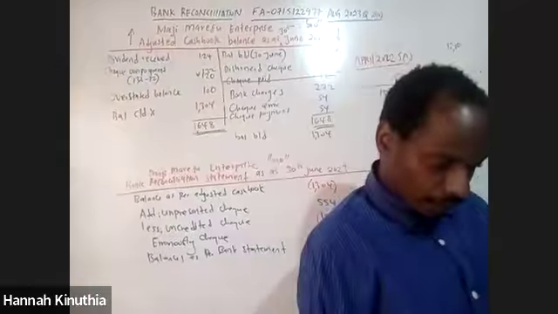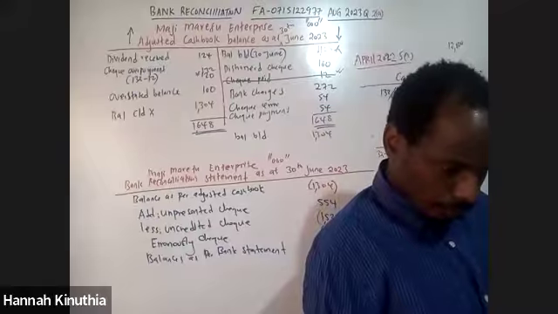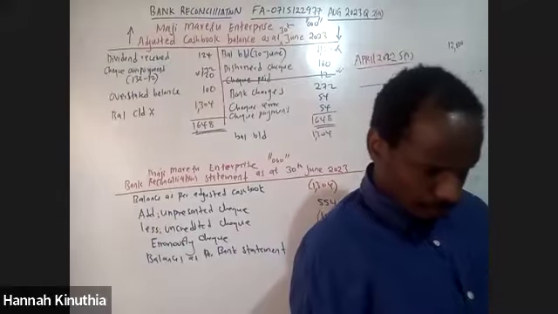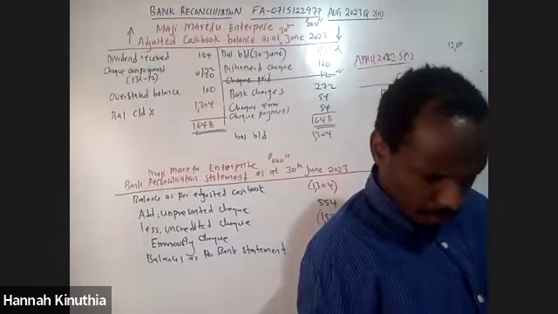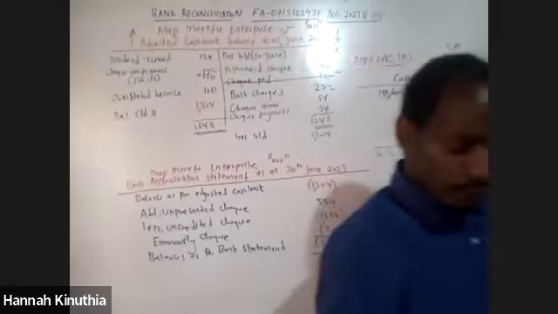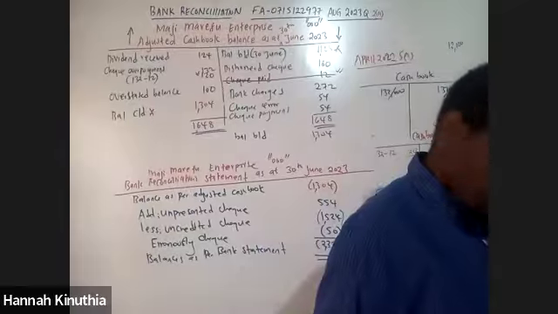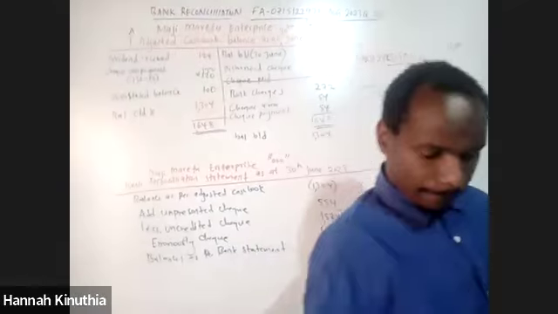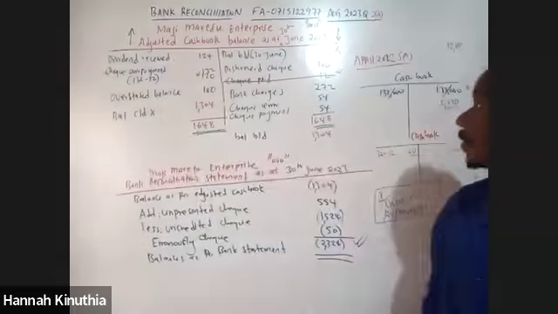Sijui kama kuna mwenye ako na swali. We give room for questions. So anyone with a question? So question, any question? So no April question. So we put 2022 question 5A pia. Ndio. 5C.